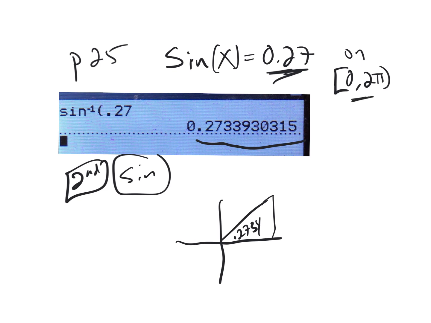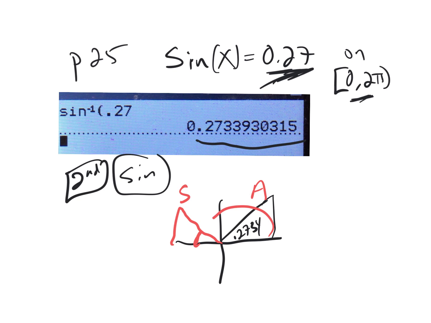But they're looking for 0 to 2 pi, not just one answer. So I've got to ask myself, where is the sine positive? Well, just like before, the sine is positive here in quadrant 2. It just so happens that this angle and this angle are the same. So this is the reference angle.